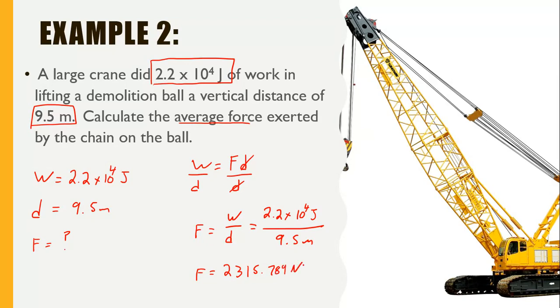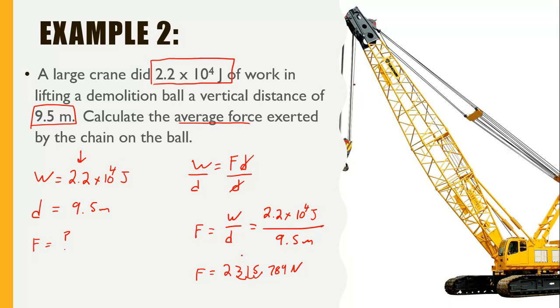2,315.789 newtons. So obviously I have to go back and check my significant digits. How many sig digs should my answer have? Well, there's 2 in work, and there's 2 in distance, so my answer has to have 2 significant digits. So in order to do that, first I'm going to move my decimal place 1, 2, 3 places to the left, and then I'm going to round to 2 significant digits.